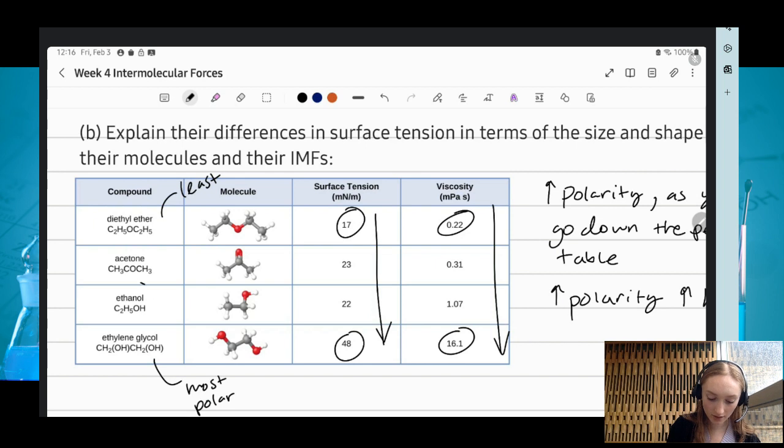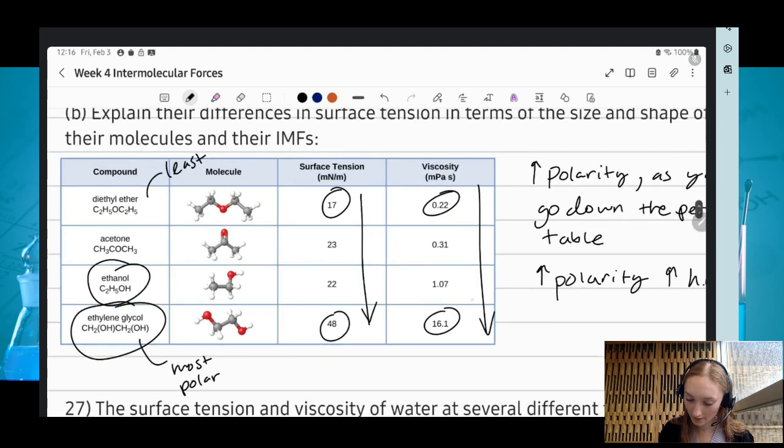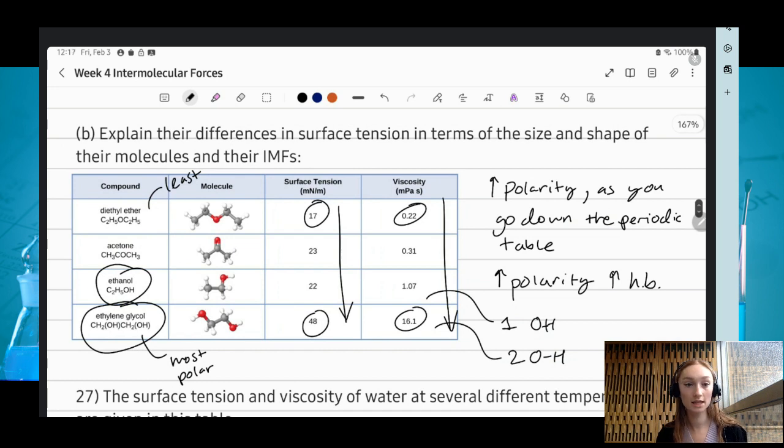And of the ethanol and the ethylene glycol, there's only one OH group here, and there's two OH groups here. Because of that factor, it increases the surface tension and the viscosity because there's more of that bonding, so it's going to have higher surface tension and viscosity.